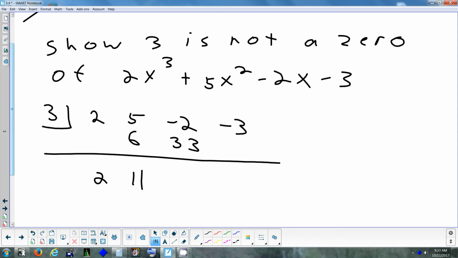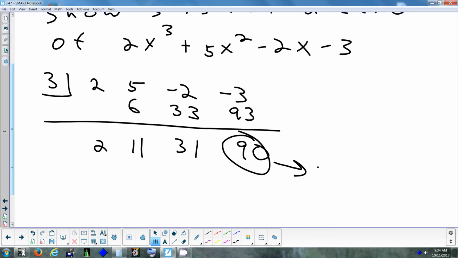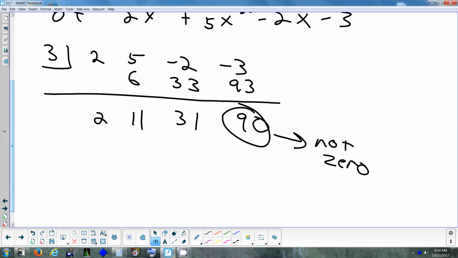And Rebecca, negative 2 plus 33? 31. 31 times 3 is 93. Plus negative 3, 90. There's your proof that x minus 3 is not a factor, which means 3 is not a 0. This is not 0. Any question on that?